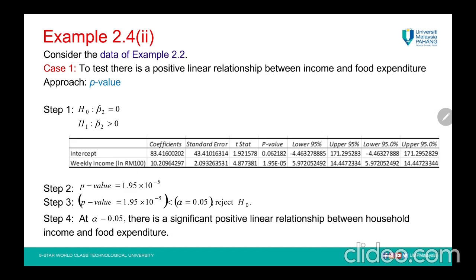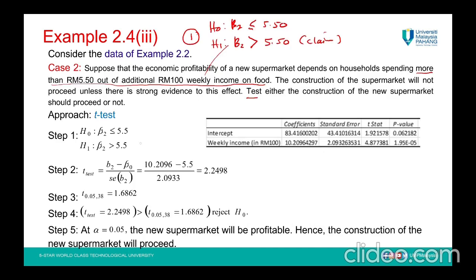Looking back at the hypothesis constructed in this example, this is the claim, and the 5.5 here is actually the beta naught value. So now since we just constructed the hypothesis, we complete step 1. Now we go to step 2.